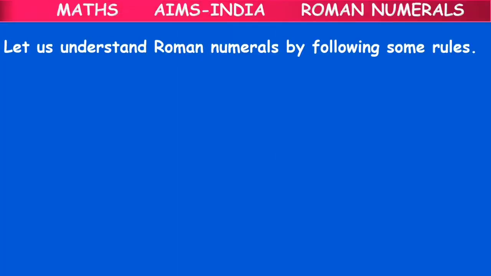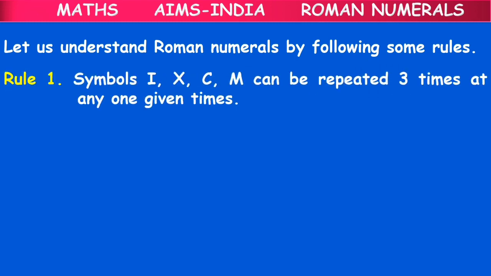But let us understand Roman numerals by following some rules. Now these are Roman numerals, which means we are using symbols. So there are a few rules for using these symbols to form numbers. Now let us look at those rules. Rule number 1.